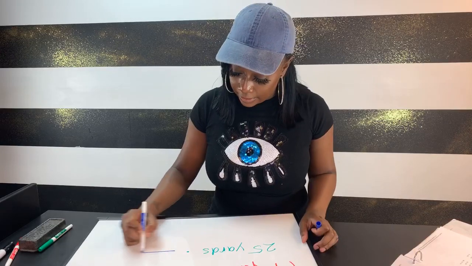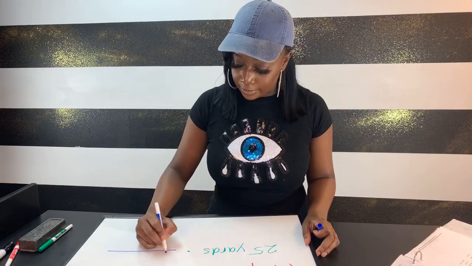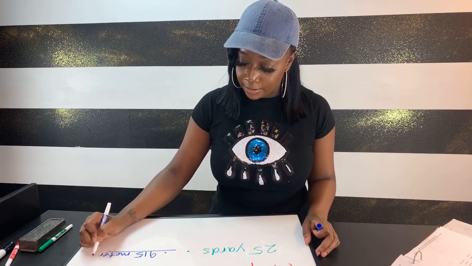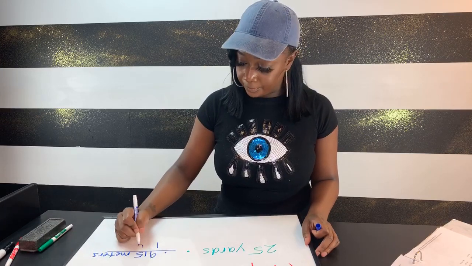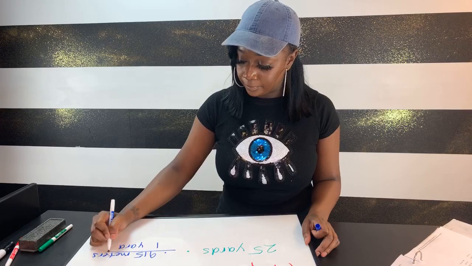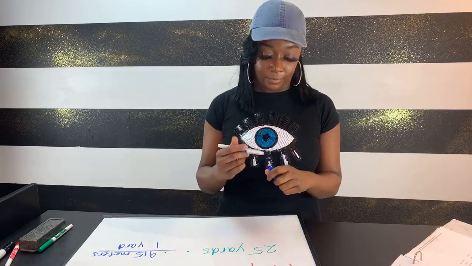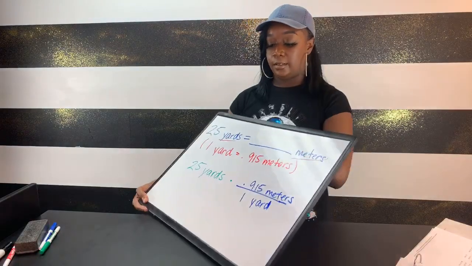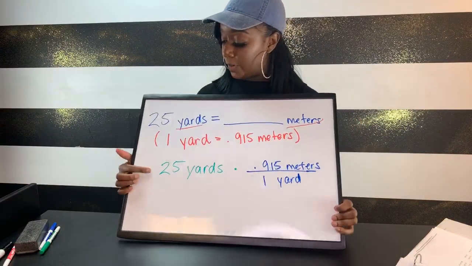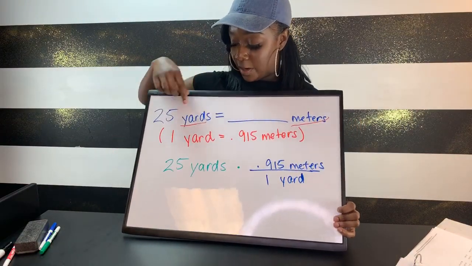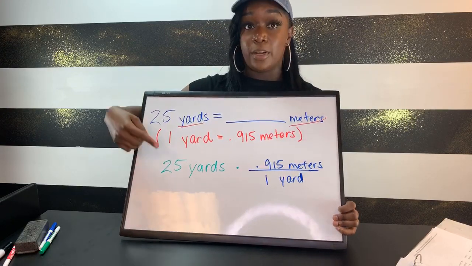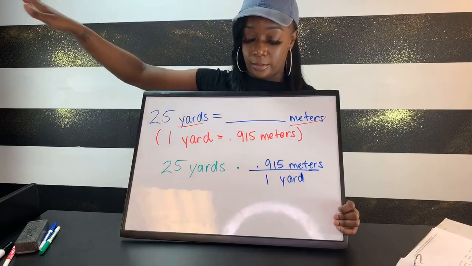And I'll show you guys exactly how I set it up. All right, so first things first. The value that we're converting, which is what we started out with, our 25 yards, you're always going to write that first, okay? That's always going to stand on its own because that's converting from one unit to another, okay?